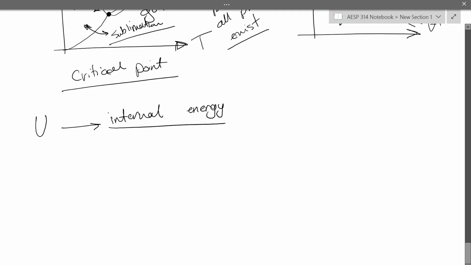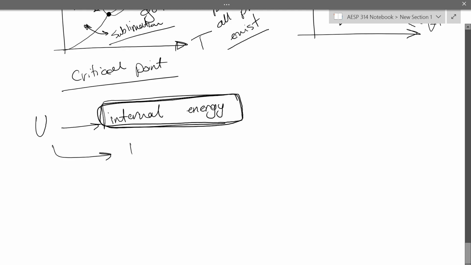What is the internal energy? Is there anyone who can tell me what the internal energy is, compared to kinetic energy and potential energy?